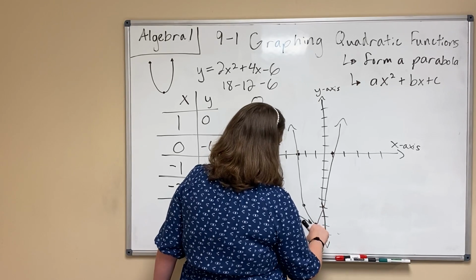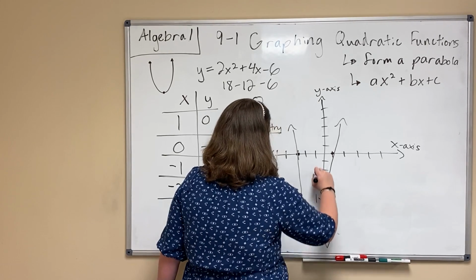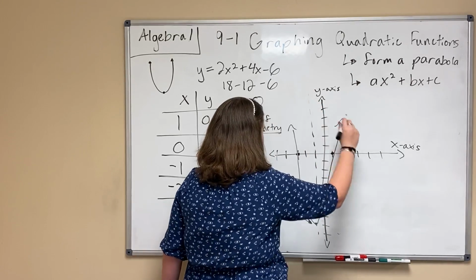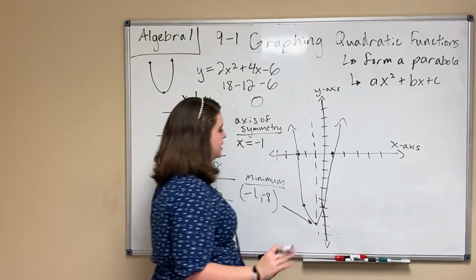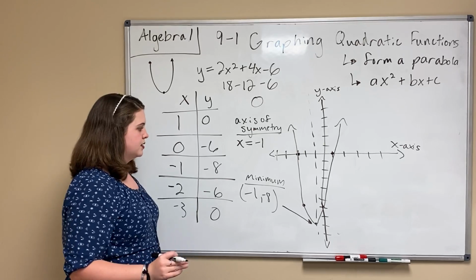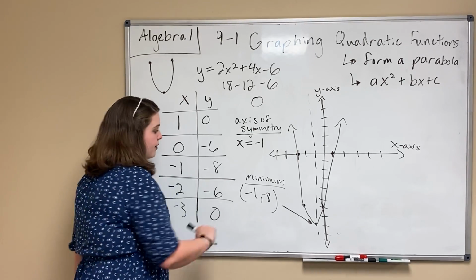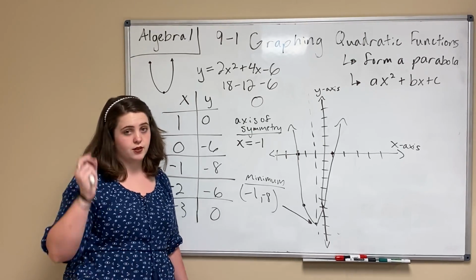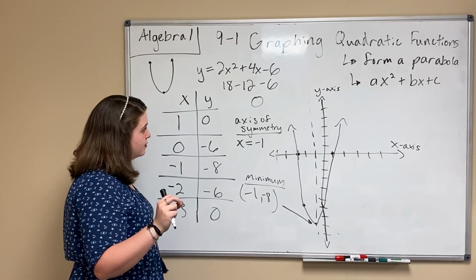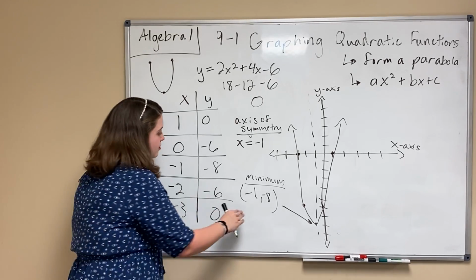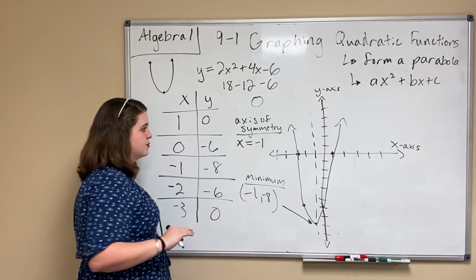I guess my graph was a little off, but it should be this line right here, where we can fold our graph in half. And that's always going to be the x value of our minimum. So that should be pretty easy to keep track of. So that's our minimum, that's our axis of symmetry.